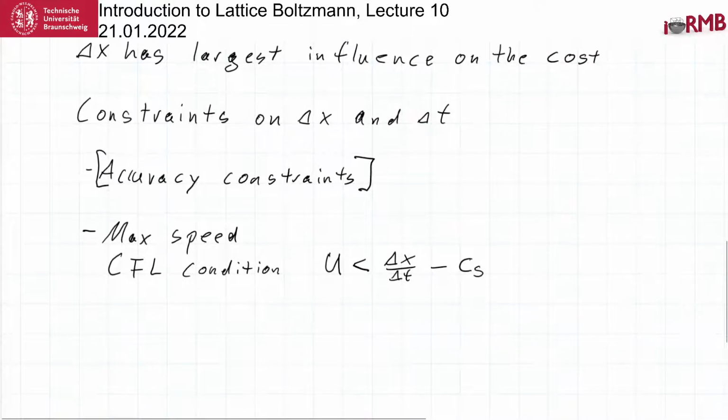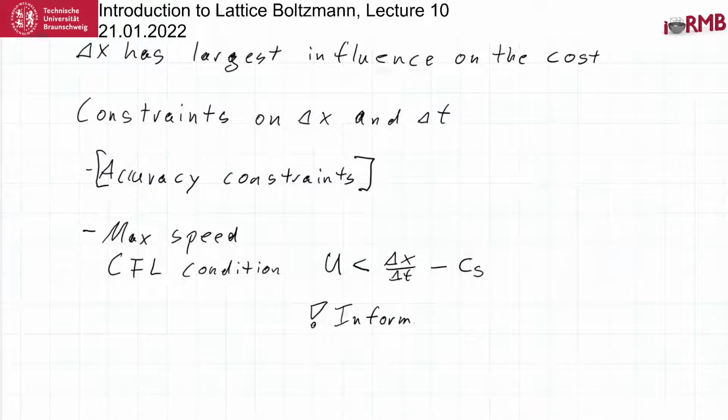Yeah, so the reason for this is that information can only move delta x in delta t on the lattice, because the lattice Boltzmann method is an explicit time marching scheme.